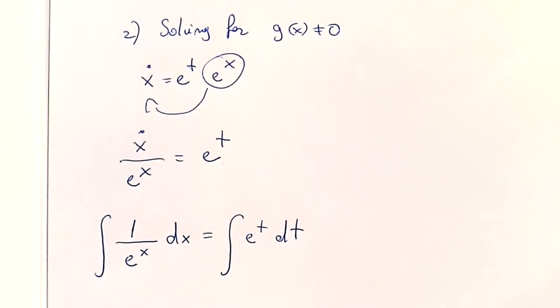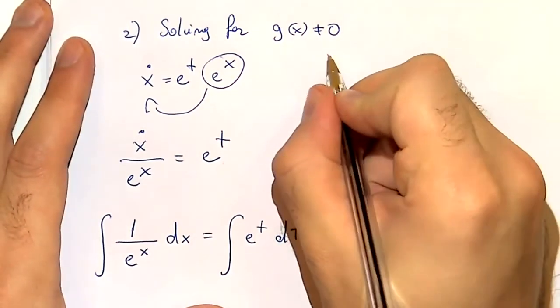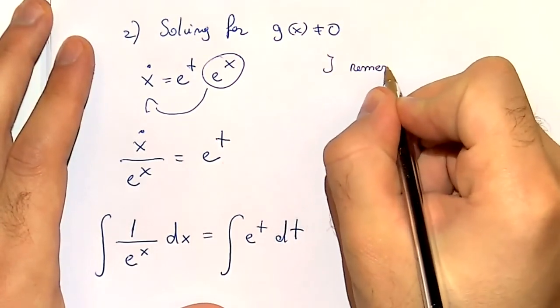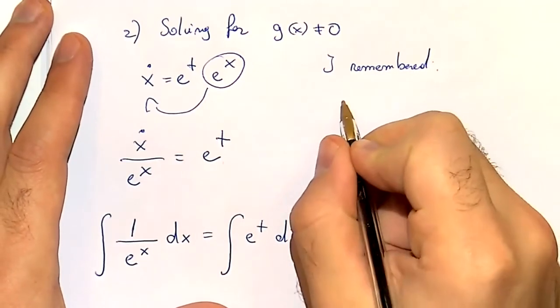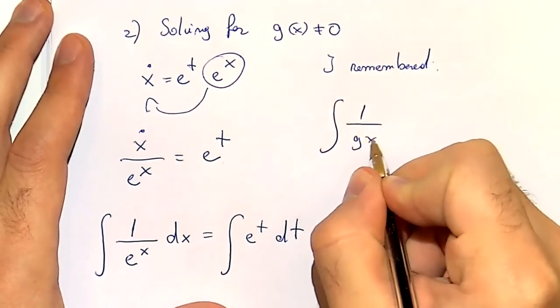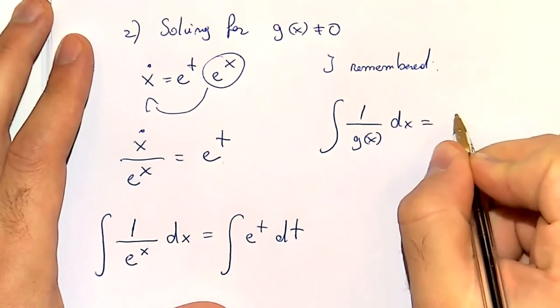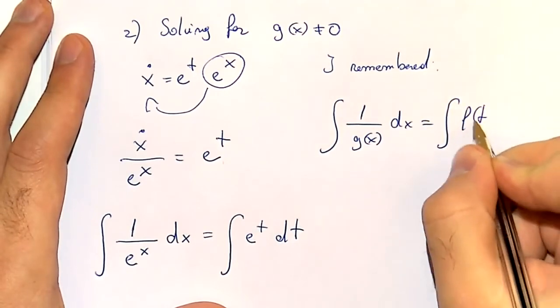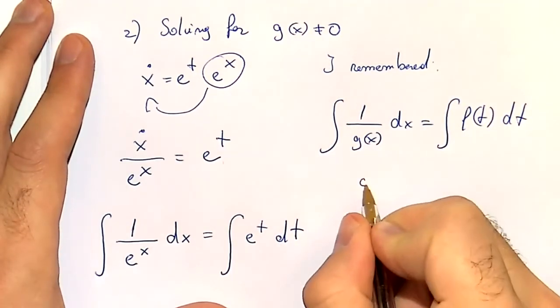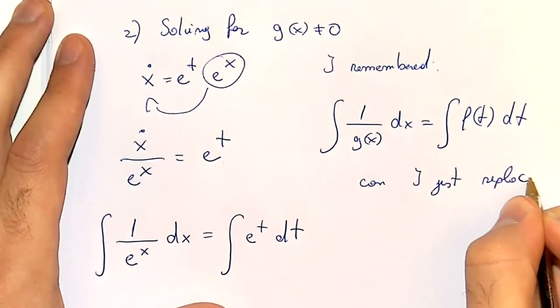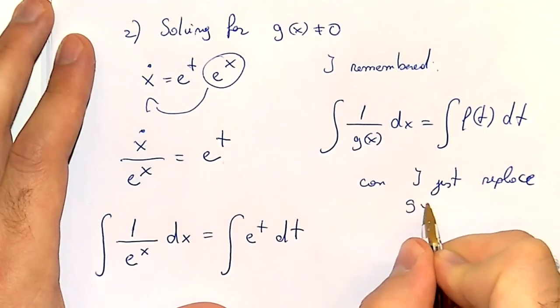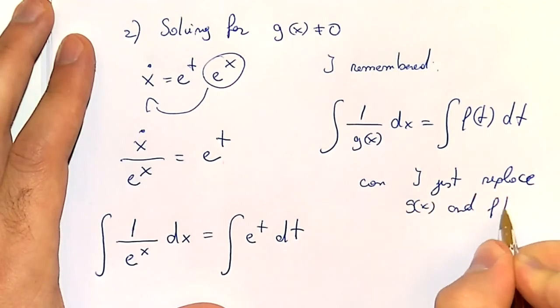Now, maybe you ask me the following question: hey, I remembered the formula or the semi-formula, whatever, which was integral of 1 over g of x dx is equal to integral of f of t dt. Can I just replace g of x and f of t?